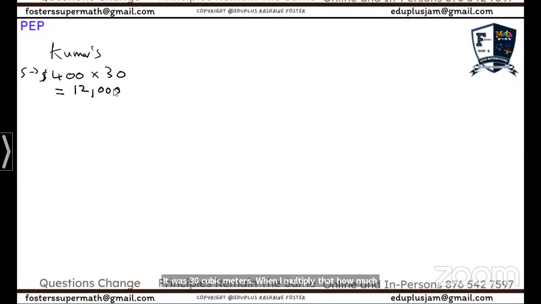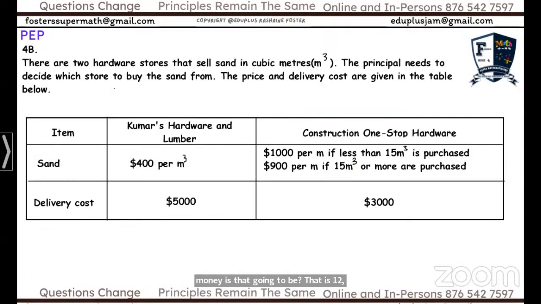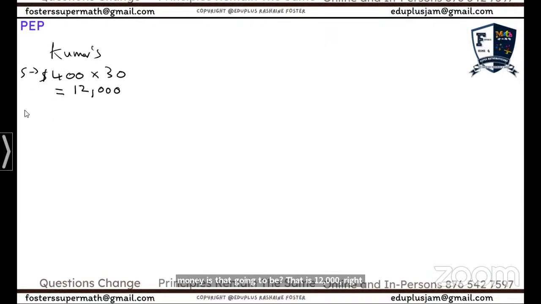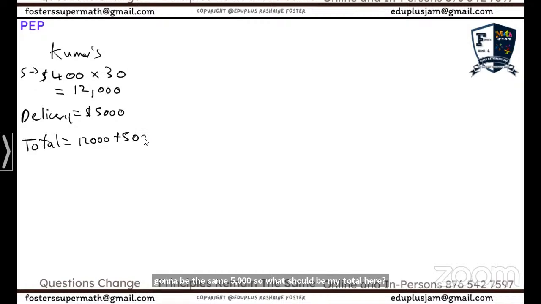That is 12,000, right? 12,000. And then the delivery is still going to be the same 5,000. So what will be my total here? My total here would be 17,000.